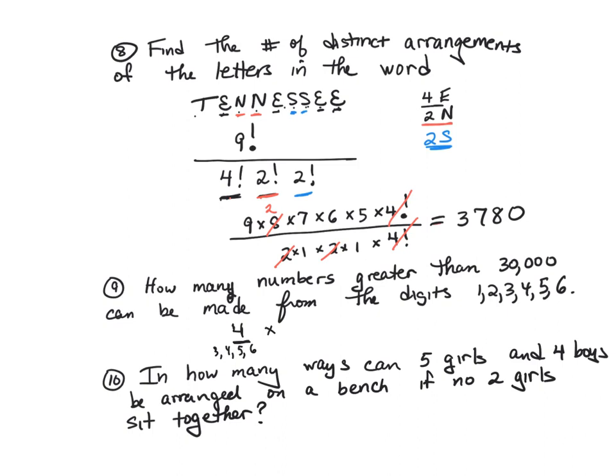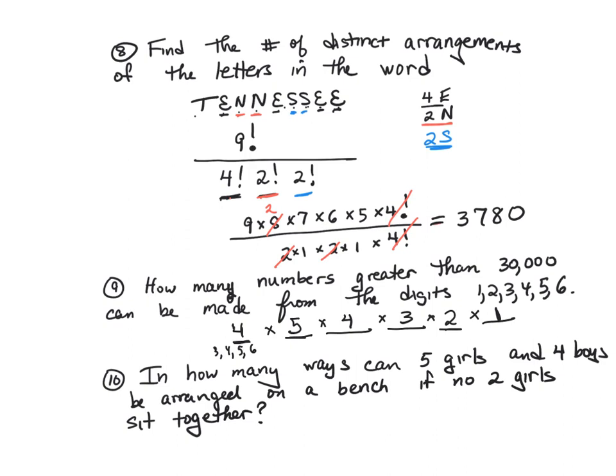Once we pick the first digit, one of the digits is taken, so we have 5 digits left for the second place, 4 digits left for the third place, and so on, using all 6 digits.